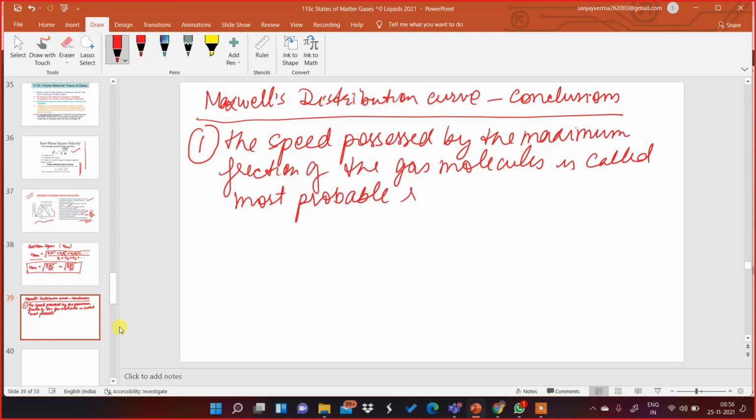The maximum fraction is having what speed? That is called the most probable speed.